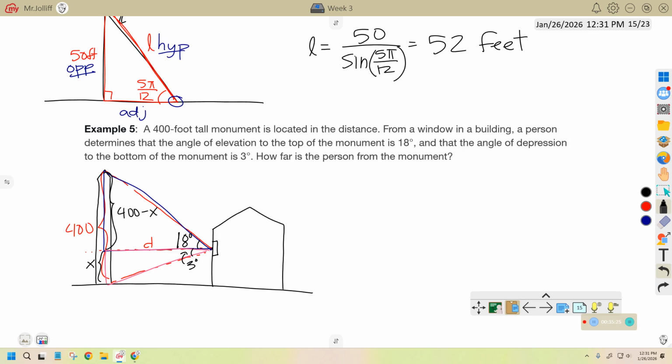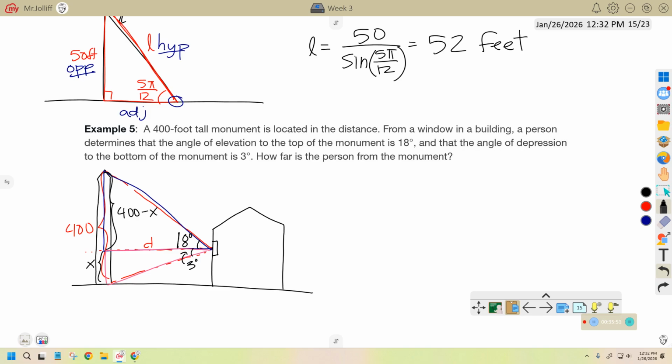I now have two right triangle problems that involve the same two letters, x and d. So I'm going to set up two trig ratios. For both of them, it's going to be the same trig ratio. If I'm looking at the angle, d is which side relative to the angle?